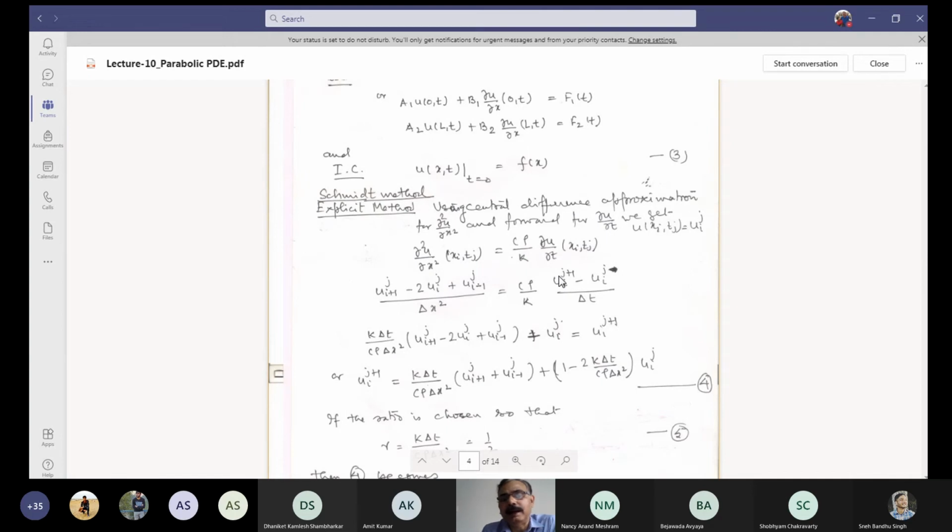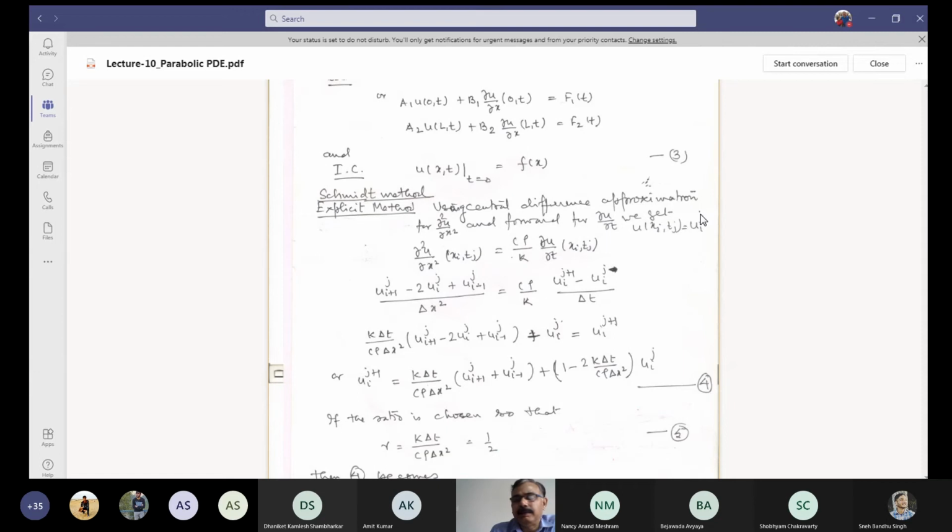Whatever you get is called your Schmidt method or explicit method. So central difference for del 2u by del x square at x_i, t_j, the notation used here is u_i^j, with j as superscript, right?